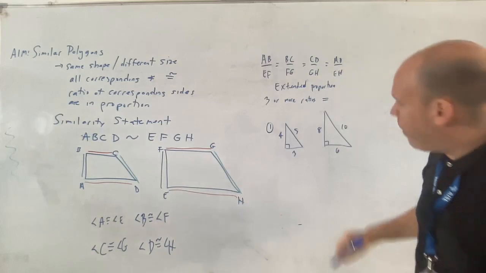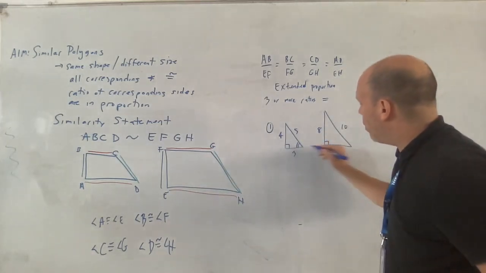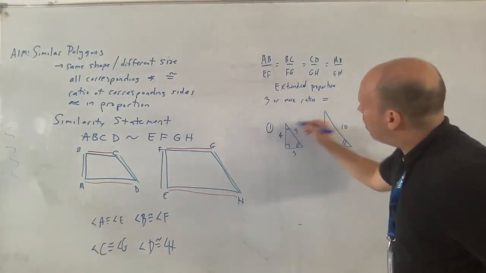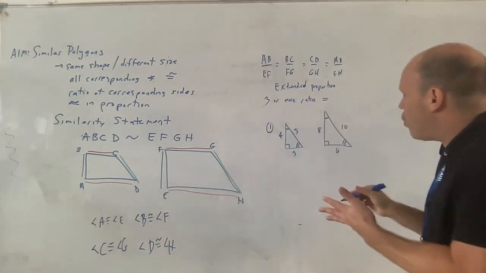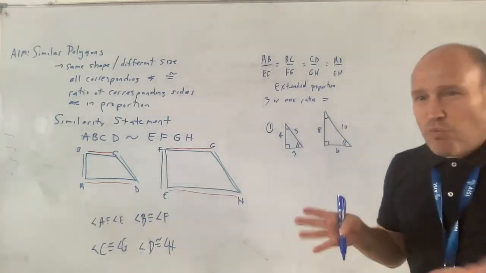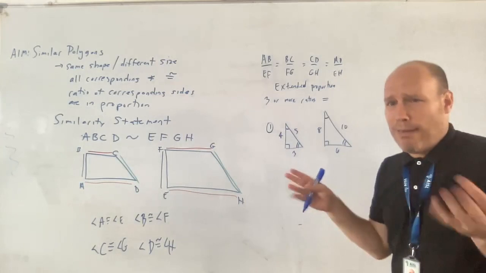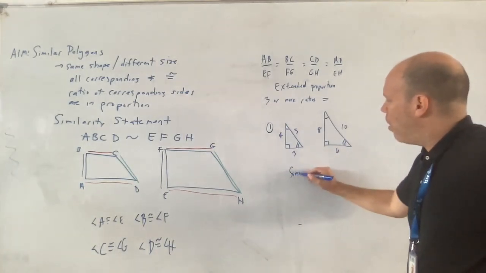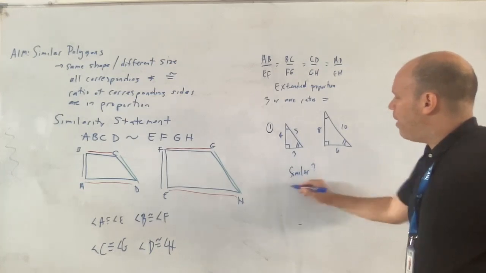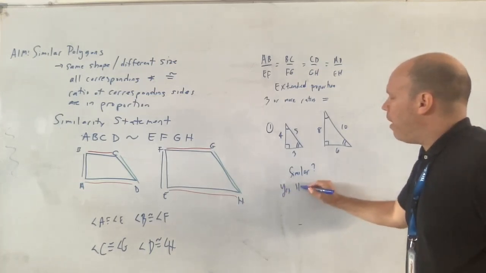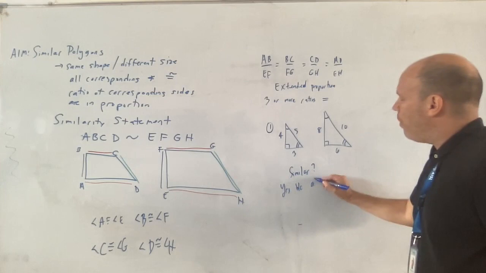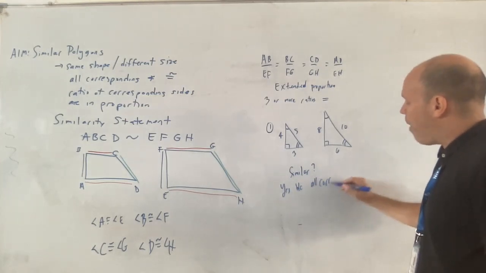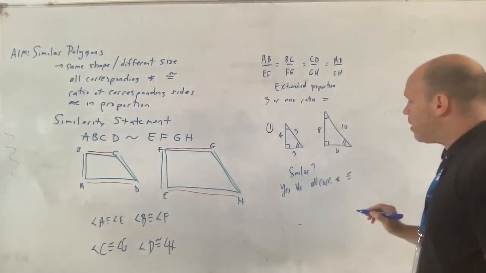And also all the angles are congruent. So the question is, are these right triangles similar? And you say, yes, because all the corresponding angles are congruent.